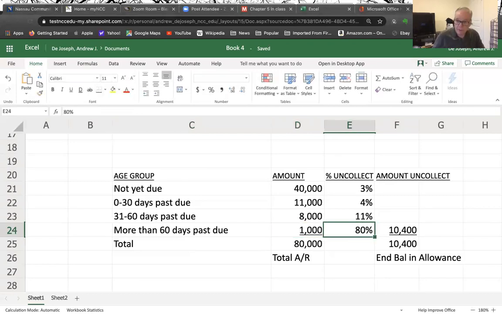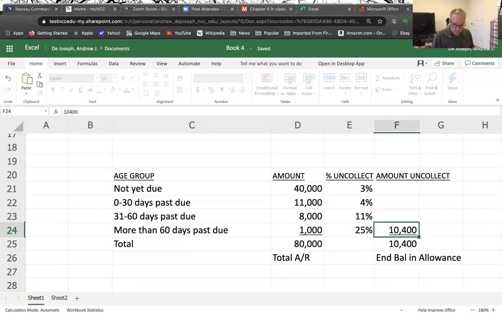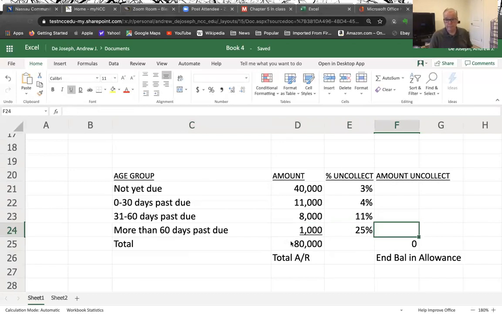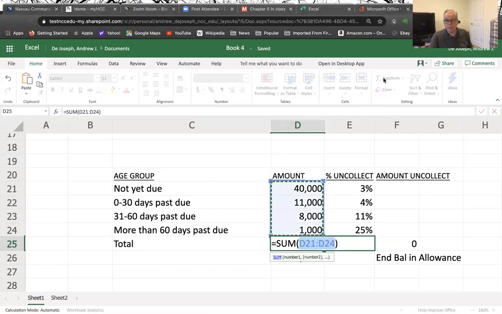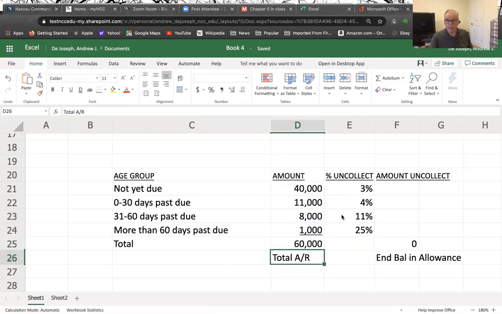And this is 25%. So the total accounts receivable, if I add it up, 60,000. And here we'll have to multiply these numbers out and then add them up, okay? Why don't you see if you can do that?